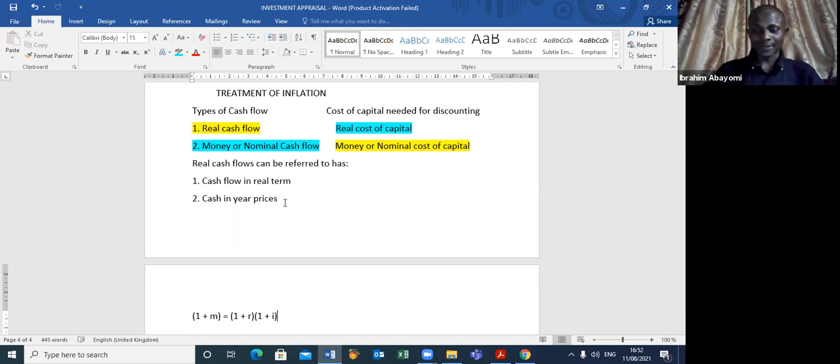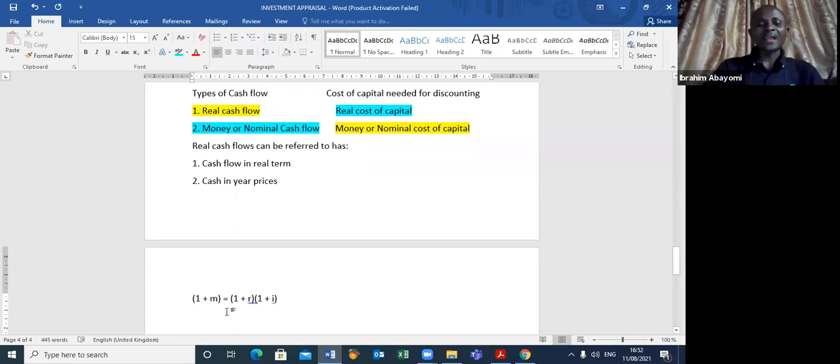This is the formula I gave you, right? Now, if I want to convert money cost of capital to real cost of capital, I will simply make R the subject of the formula.